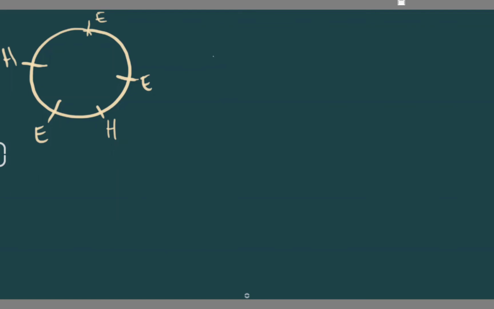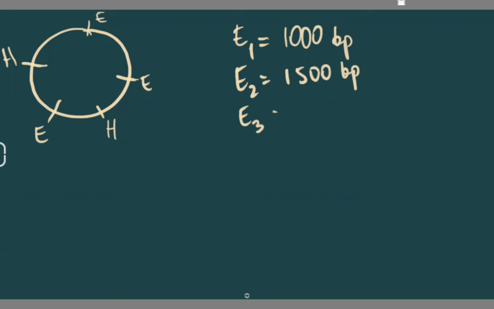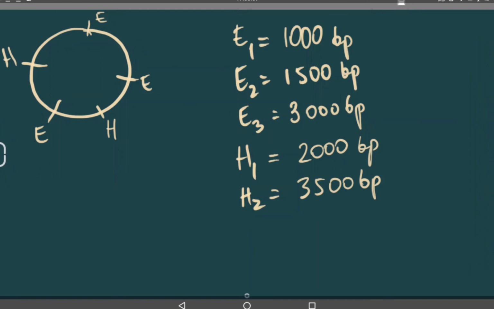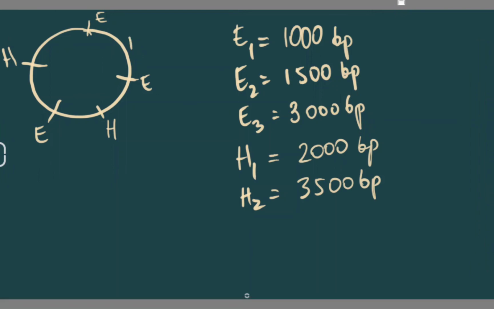So when we digest with EcoRI, we will have the same 1000 base pairs long, 1500 base pair long, and the third will be 3000 base pair long fragments, while your HindIII digested fragment will be 2000 base pairs, and the other one will be 3500 base pairs.